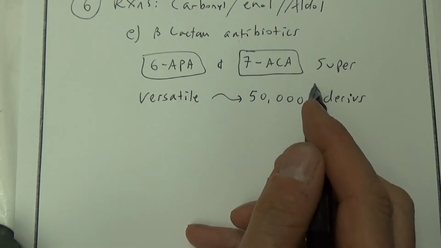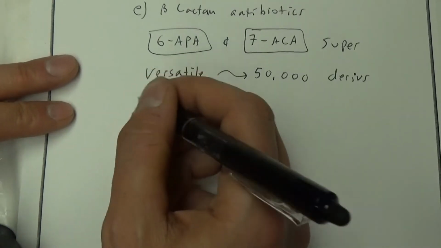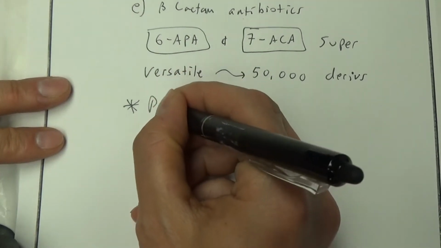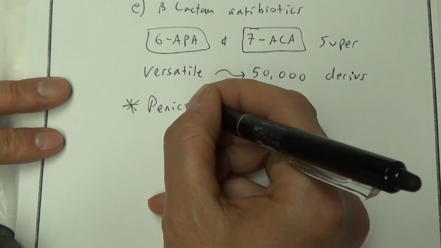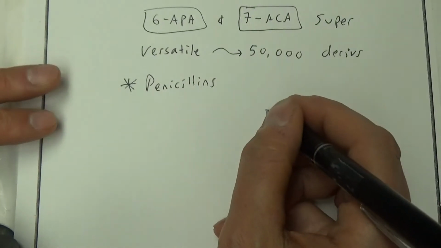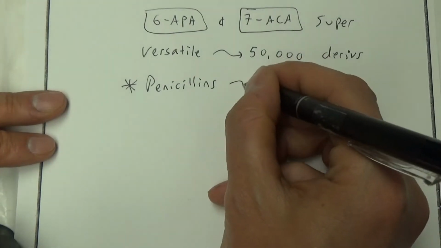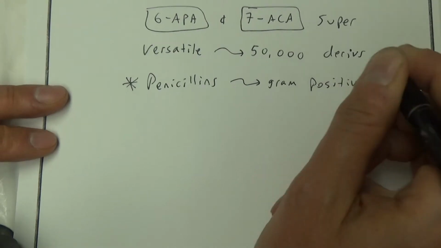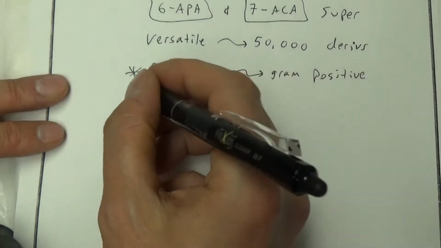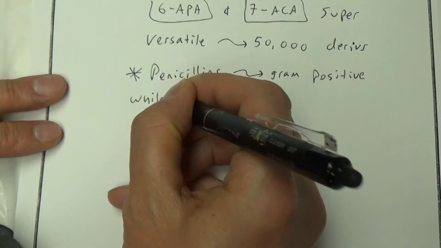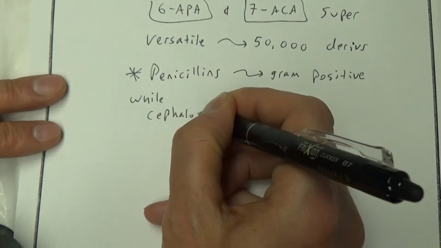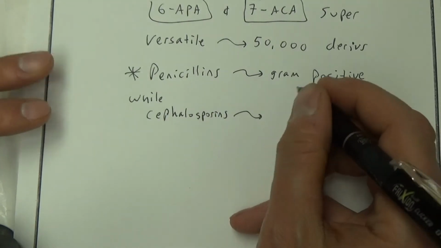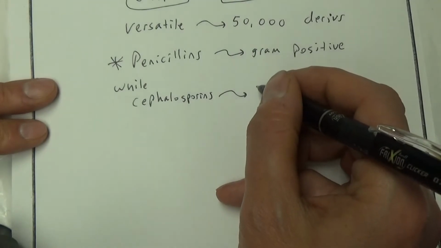So, other note, the penicillins in general are usually used for gram-positive bacteria. And while the cephalosporins are maybe more widely used for, or more effective against, gram-negative bacteria.